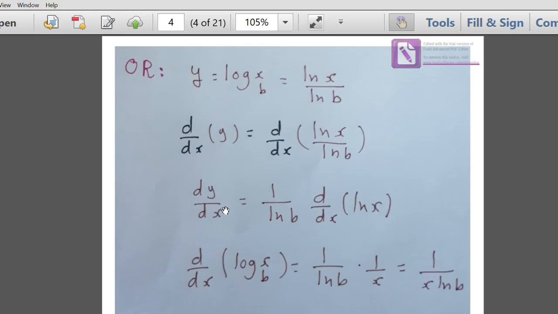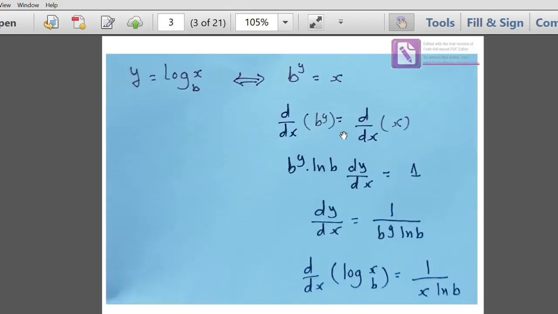So dy over dx is 1 over ln b times d of ln x over dx. The derivative of ln x is 1 over x, so the derivative of log x to the base b is 1 over ln b multiplied by 1 over x, which is 1 over x ln b. So you can either use the first method, differentiating both sides using the derivative of the exponential function, or this one.